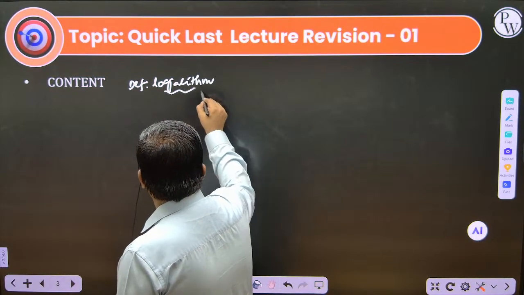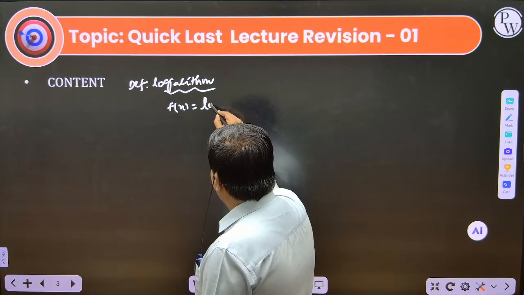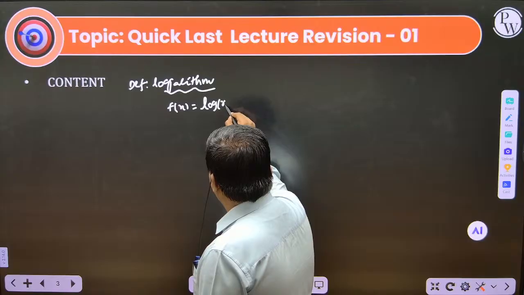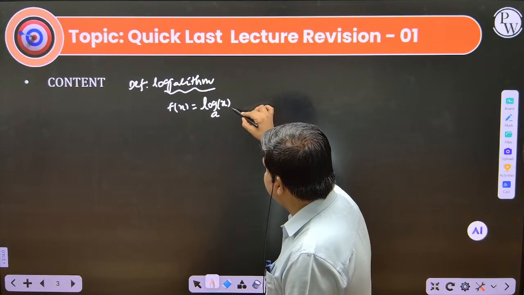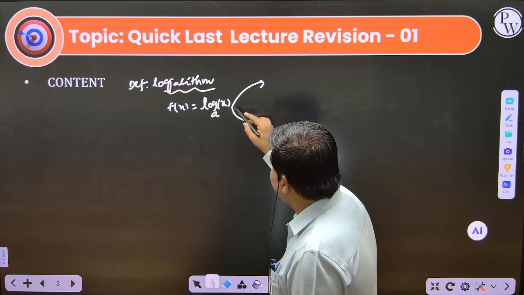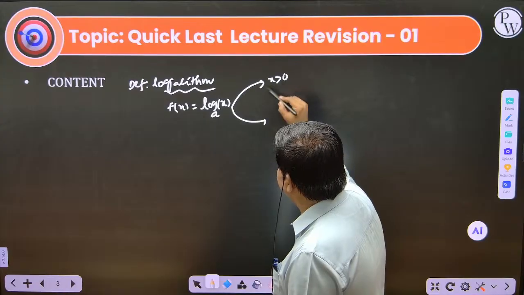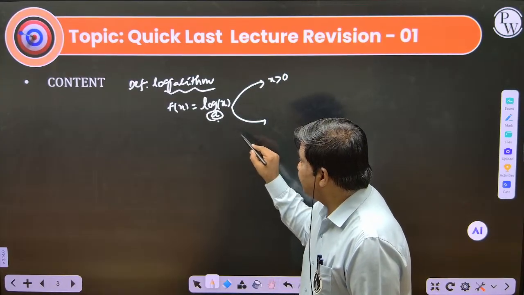What is the definition of logarithm here? f(x) is a function. What is the function? Log x to the base a. But what are the properties we discussed here? Log x is defined when x is greater than 0, and a is its base.